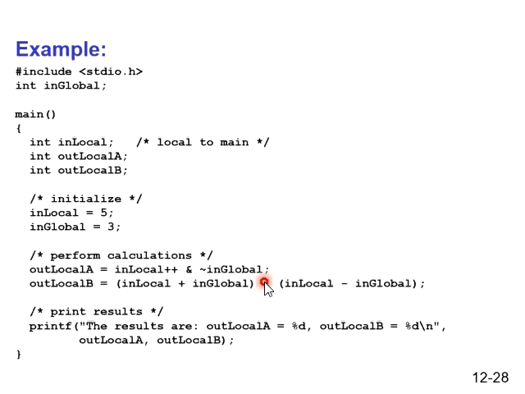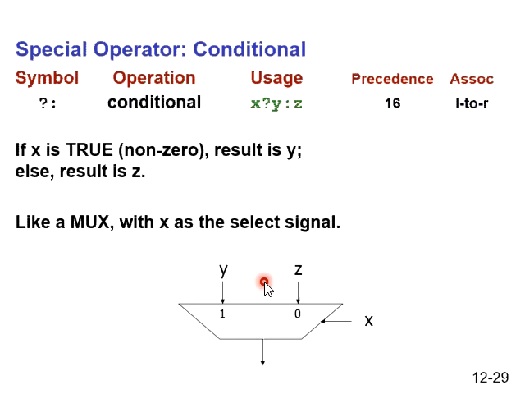And besides, you have a special operator, which you can call the conditional operator. At that time you check if the condition is true: the result of the expression is Y, but if it's false, the result is Z. Over here, non-zero means it's true, so the expression is Y, otherwise Z.